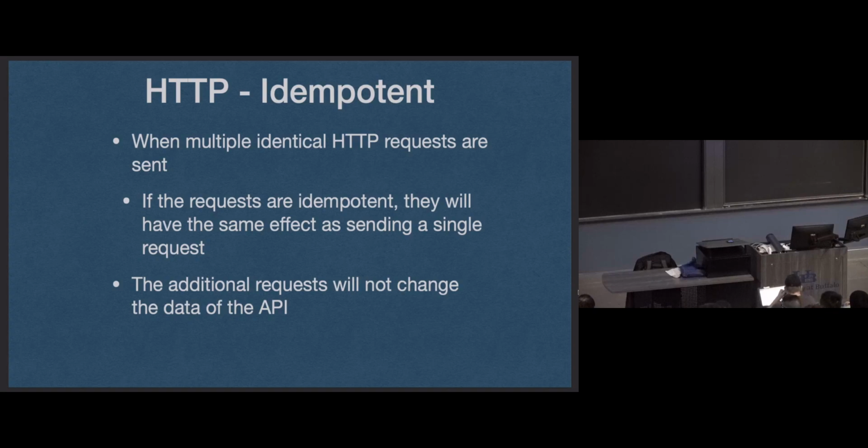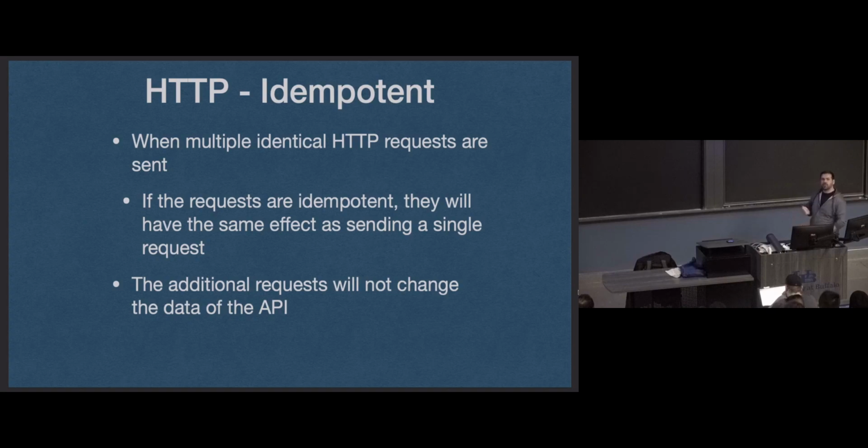Then the user says, cool, and sends the identical request one more time. Our server creates a new record with ID 2 and says, here you go, I created a new record, it's ID 2, with this username and this email address. That is not idempotent. Sending two post requests was not the same as sending just one request.